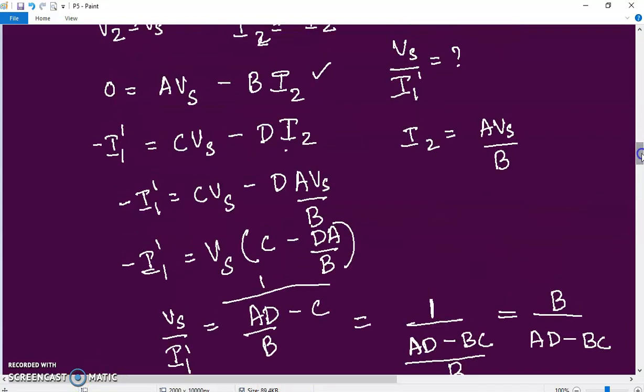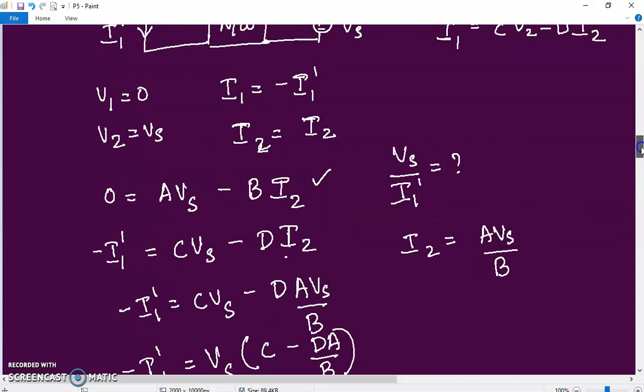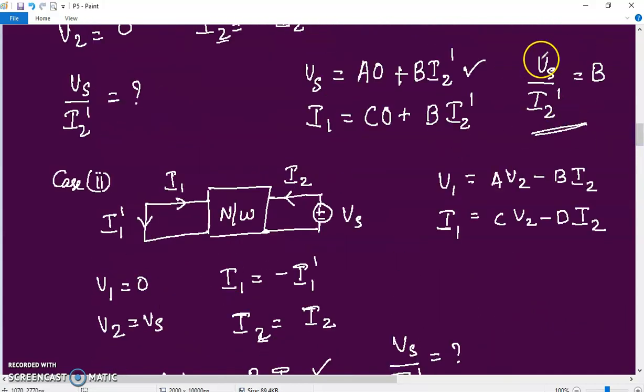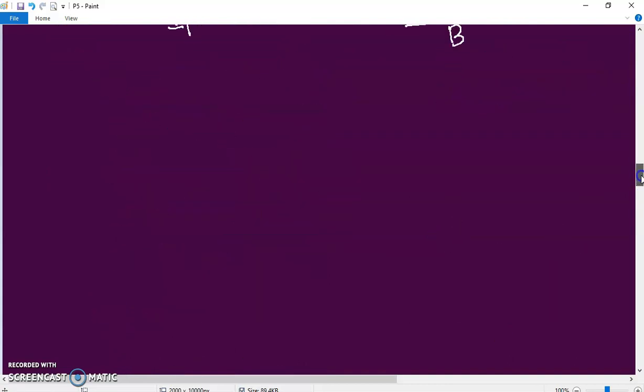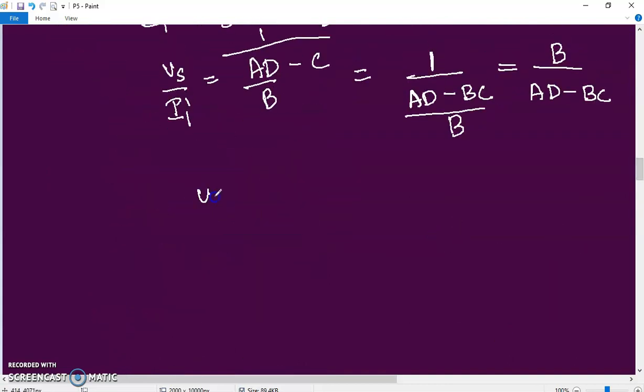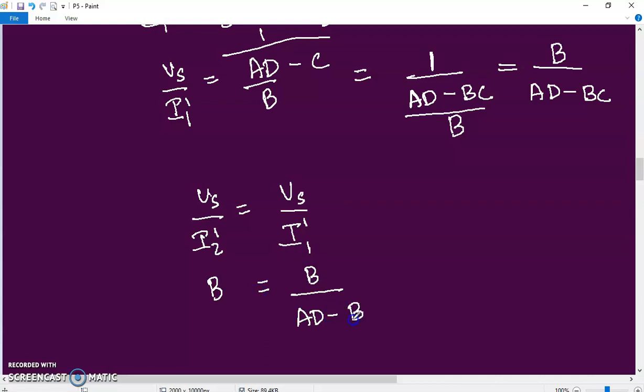Earlier we had Vs by I2 dash of case 1 as B. So Vs by I2 dash should be equal to Vs by I1 dash for the network to be reciprocal. So here we have B, and here we have B by AD minus BC.